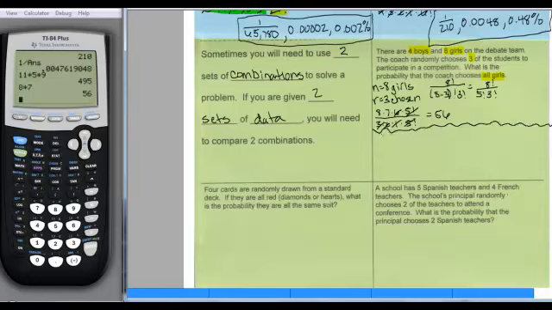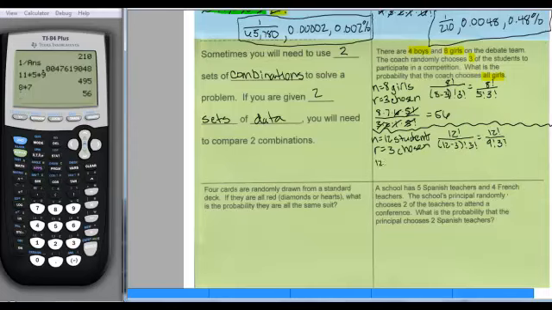Now we've got to find all the possibilities of choosing out of all of the students. So out of all the students, there are 12 total students, and we're going to choose 3 out of those students. So that's 12 minus 3 factorial, 3 factorial, with 12 factorial on top. So 9 factorial and 3 factorial with 12 factorial on top.